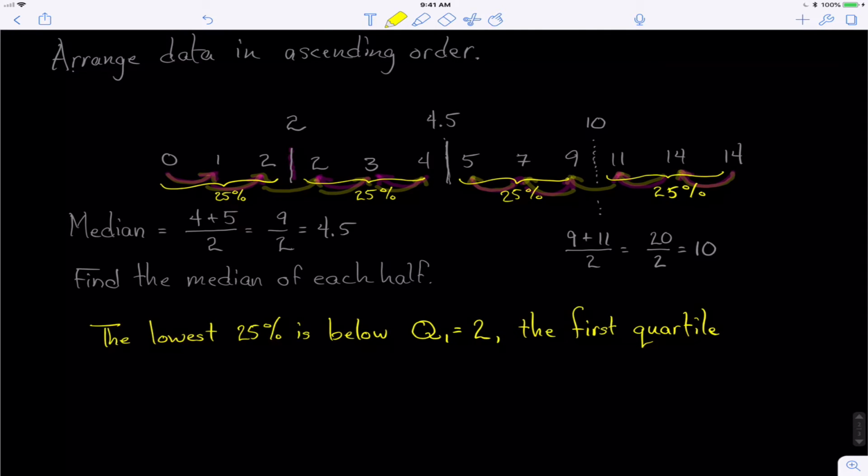Our next quartile is Q2, which we've already found to be 4.5. Notice that we also had a name for Q2: the median. You're going to hear median and Q2 used interchangeably. Q2 is the second quartile.